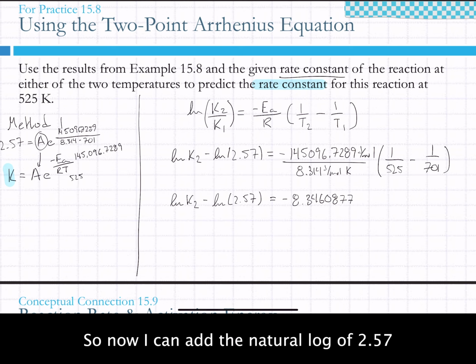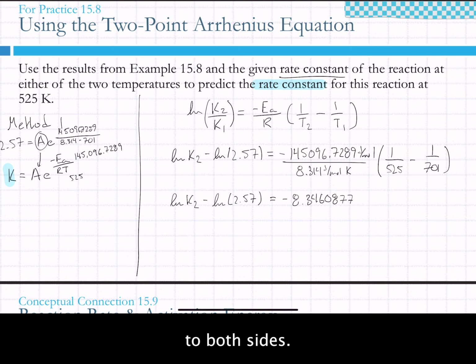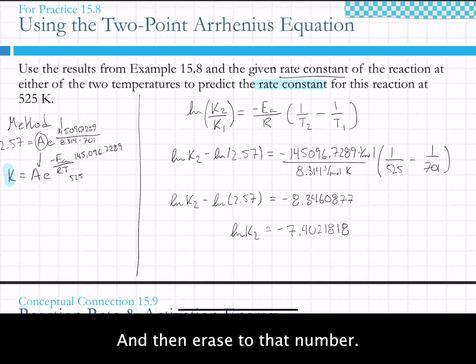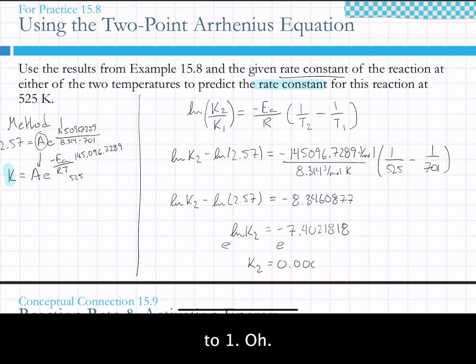Now I can add the natural log of 2.57 to both sides. Natural log K2, and then e raised to that number. So K2 is equal to 0.000609921.